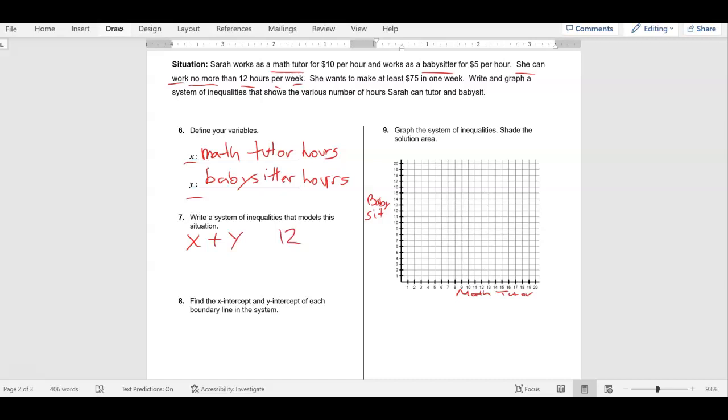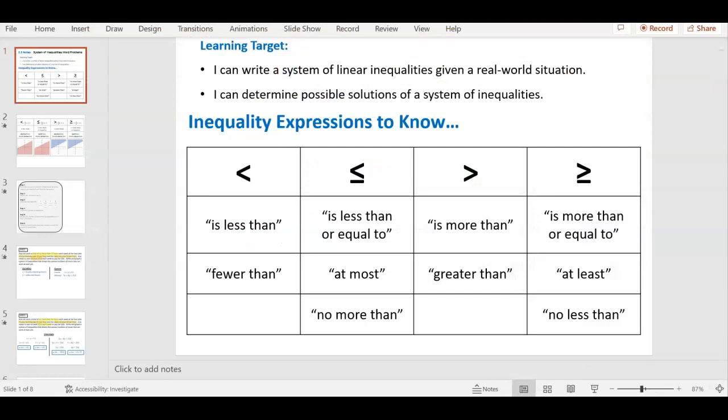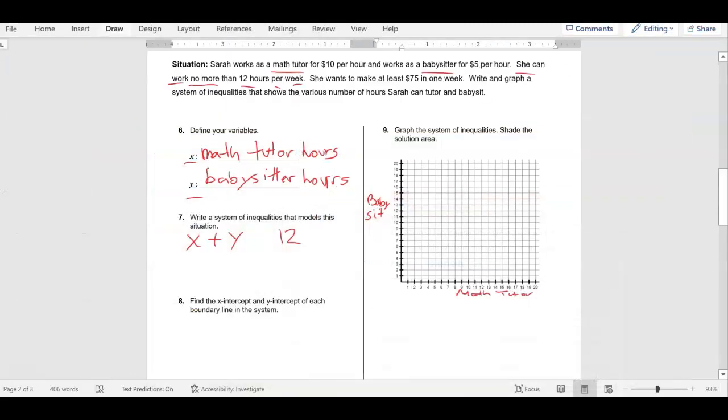What does no more than mean? If it cannot be more than, it means less than. Can it be equal is the question. Yes, okay. Not more means equal or less. And if I go back to my notes, no more than, in the second column, is less than or equal. So it's also in your notes that I may let you use, right?